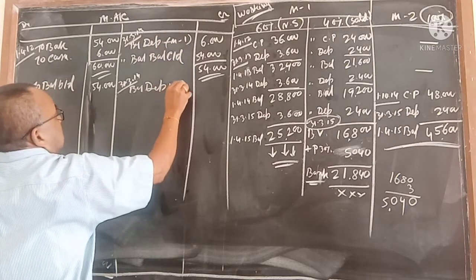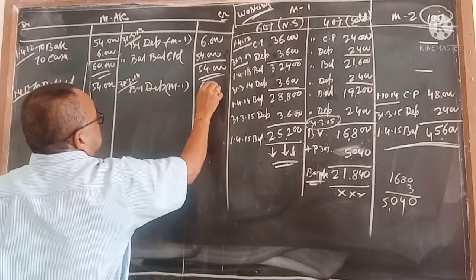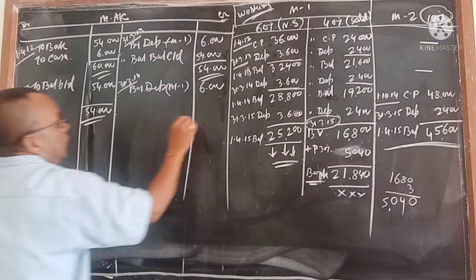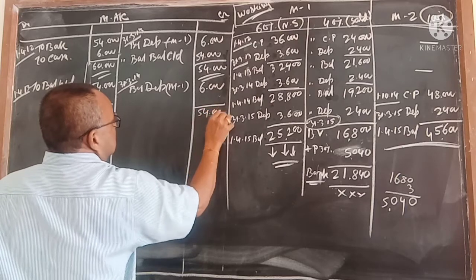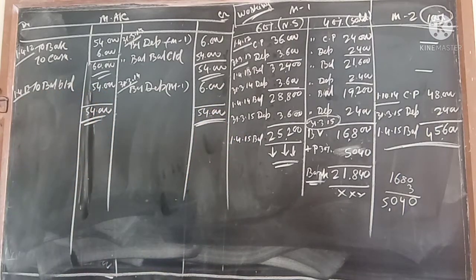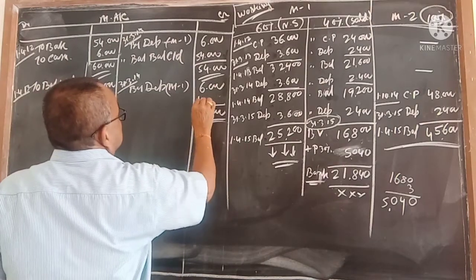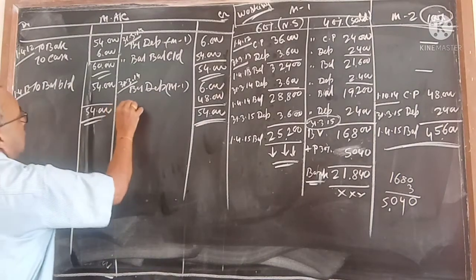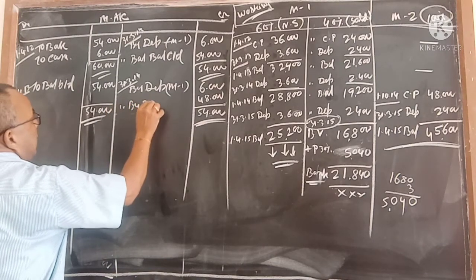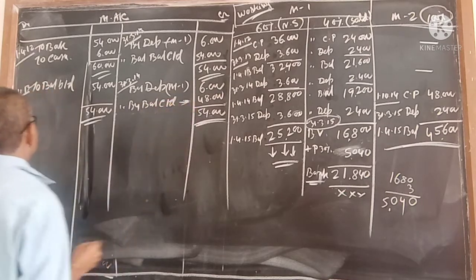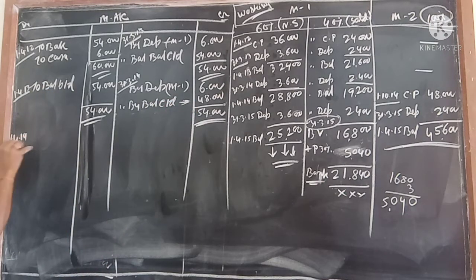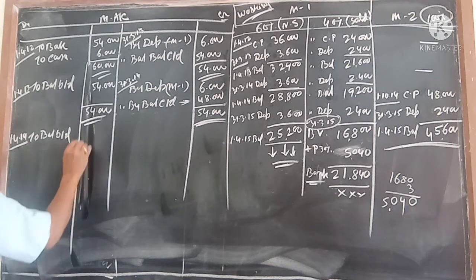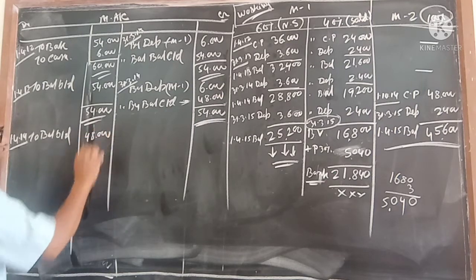Here also M1, that is also 6,000. And from 54, minus 6, how much is it? 48. And by balance sheet. Now come to the next year, 1/4/14 to balance b/d. The third one is a little complicated, that you keep in mind. 48,000.